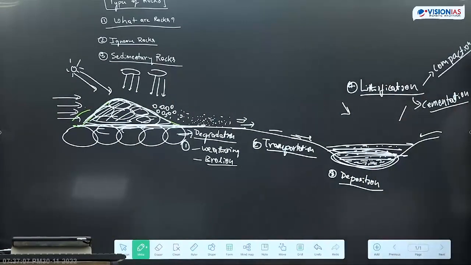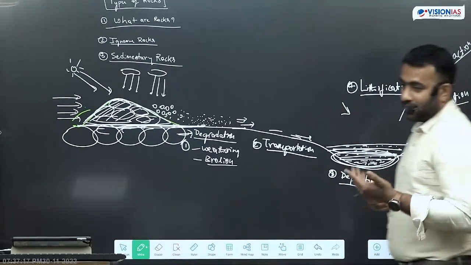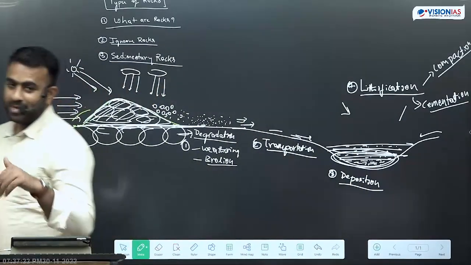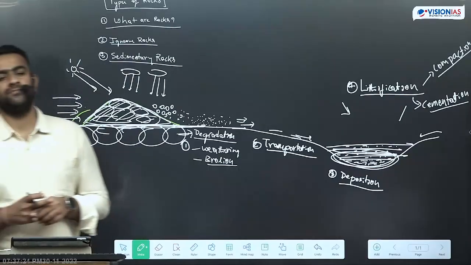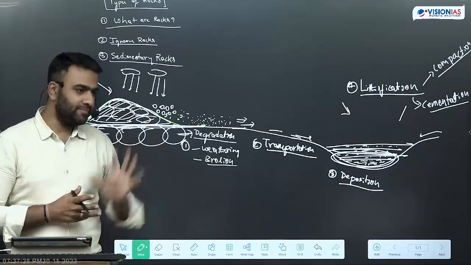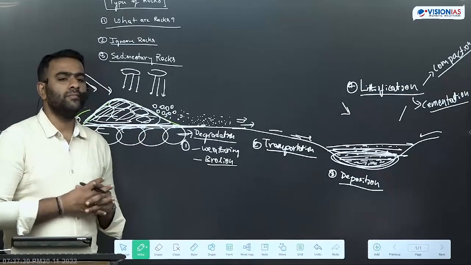Sedimentary rock is basically a rock formed from the sediments derived from the other rocks. Who are these other rocks? It can be an igneous rock, or it can be a metamorphic rock. Even that undergoes breakdown, or it can be another sedimentary rock itself. The original rock can be any type, right?